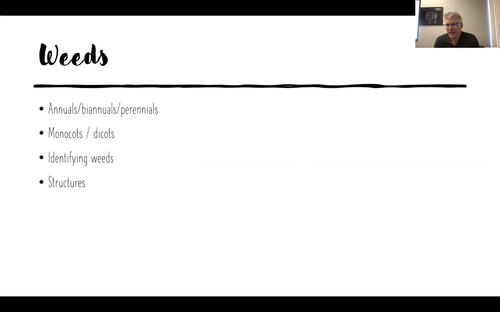And that's considered a biennial. And then you have perennials, which will have their growth through the whole year. Then they'll go dormant until the next year, starting over again. And this will keep going until they run out of energy, grow old, or are somehow removed or killed.